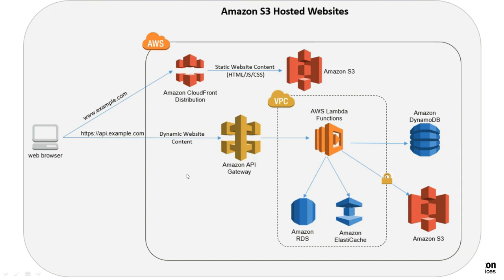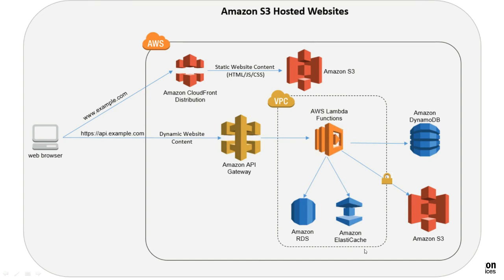In another scenario where we want to provide a dynamic website, we can use another solution where some of our content is kept in S3, some of our data is kept in DynamoDB or RDS or another form of database, and we have certain serverless scripts or Lambda functions kept in Lambda.